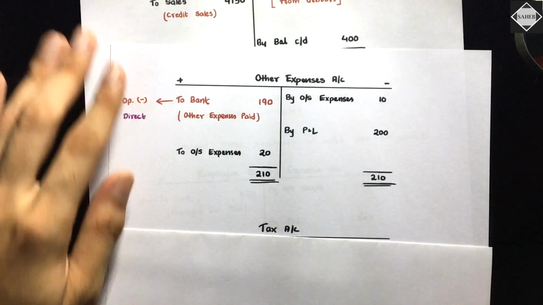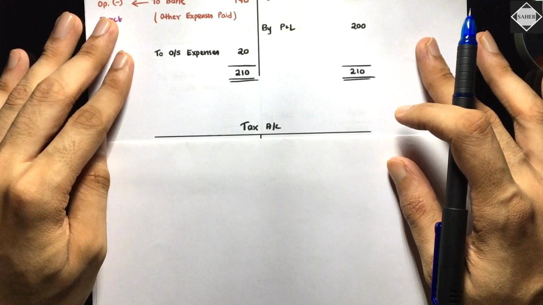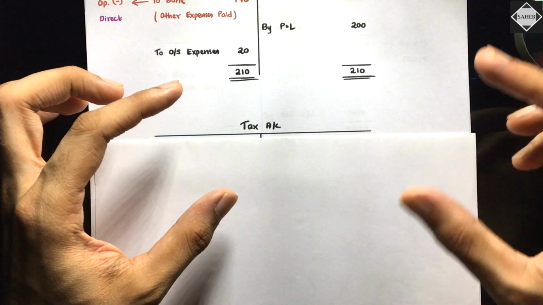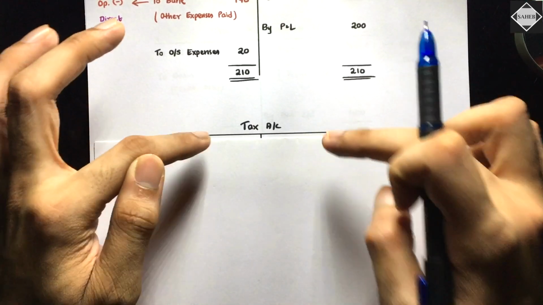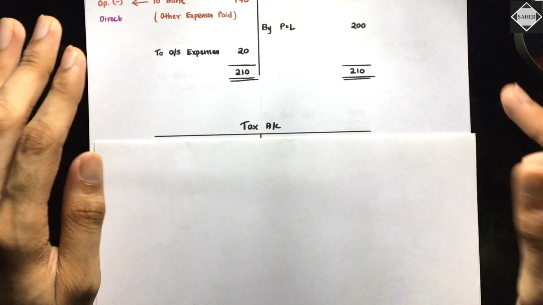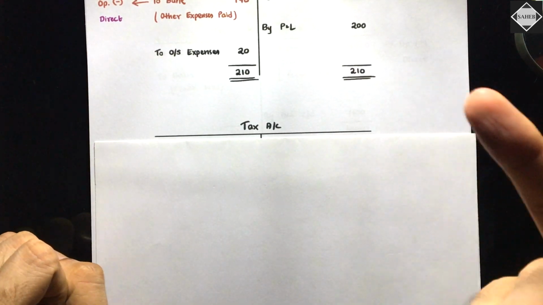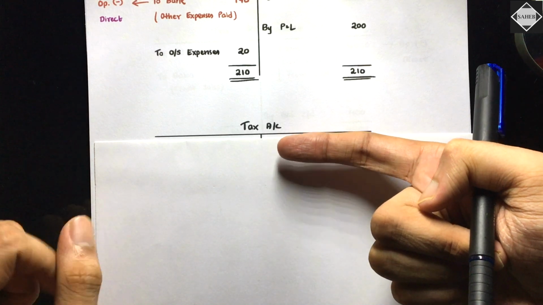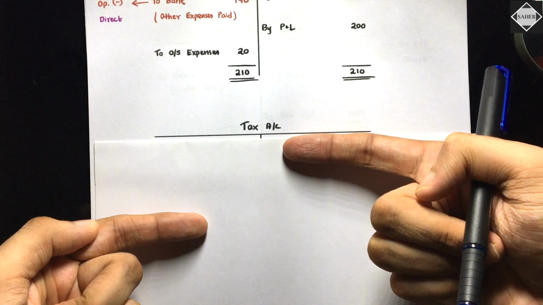So see, tax account, we will not be opening just provision for tax account. No, we are opening provision for tax account as well as advance tax account, both of the accounts in this one ledger account only. That's what we are doing. So see here, understand, provision for tax has credit balance. So opening balance on the credit side, closing balance on the debit side. I'm talking about provision for tax.